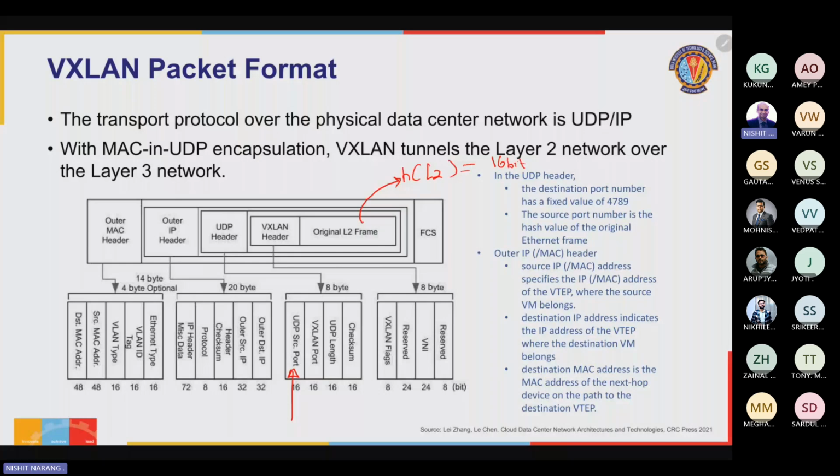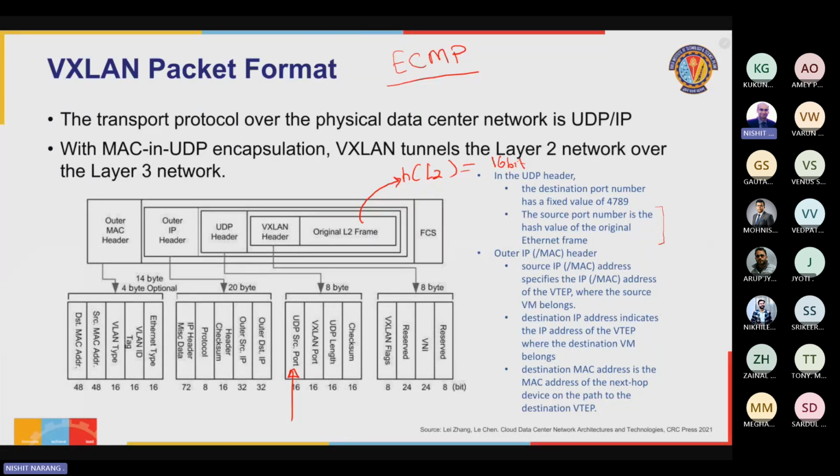Why do we need this? The reason why the protocol has defined the source port to be such is because in data center networks, as I said earlier, we use, in addition to the standard routing protocol, the ECMP protocol, the equal cost multipath routing protocol.